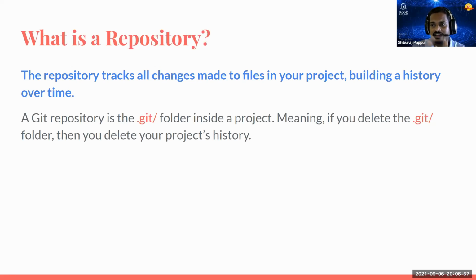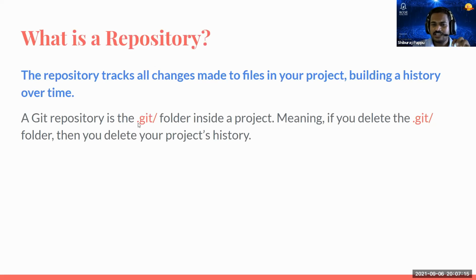Now to make it a Git repository, inside your folder there should be another folder which is called .git. Who makes this folder? Git only makes it. You don't have to worry. I will show you how to make that folder.